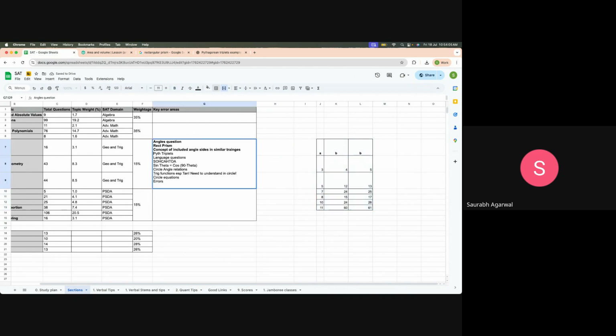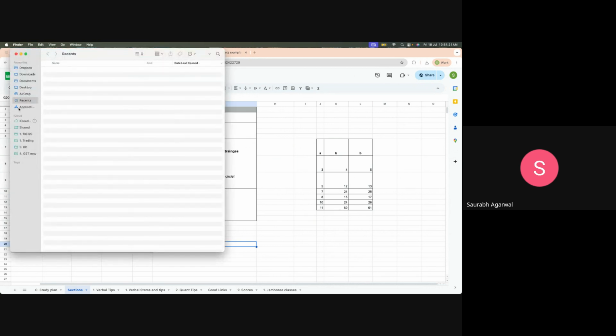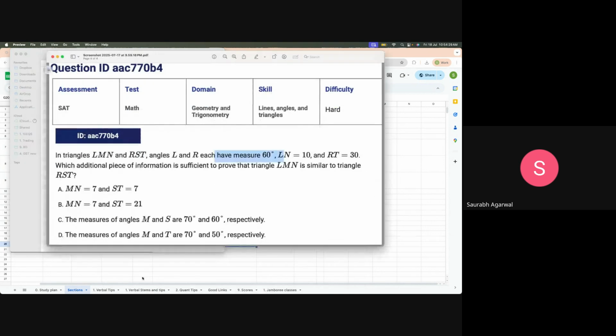Now, language questions. You make a lot of mistakes in the language questions. For example, in that flux question, this was a language question and you made an error. Let me show you. Let me see if I can find a language question.